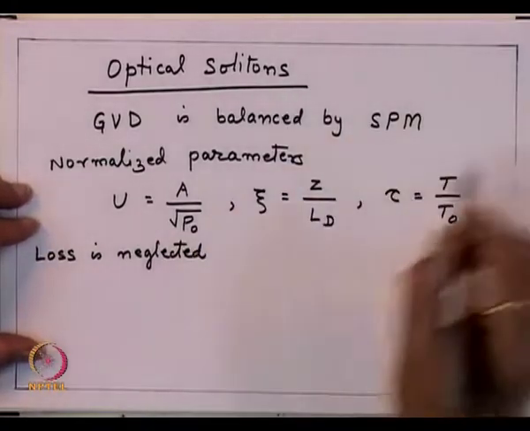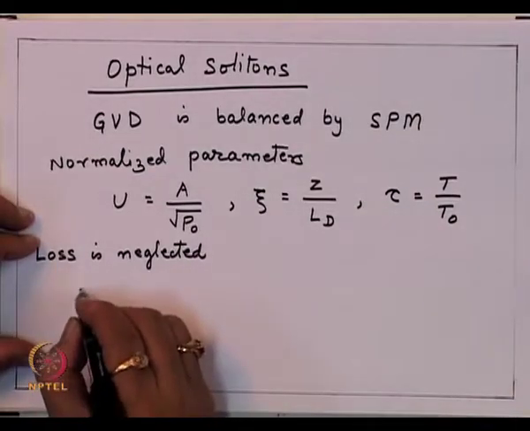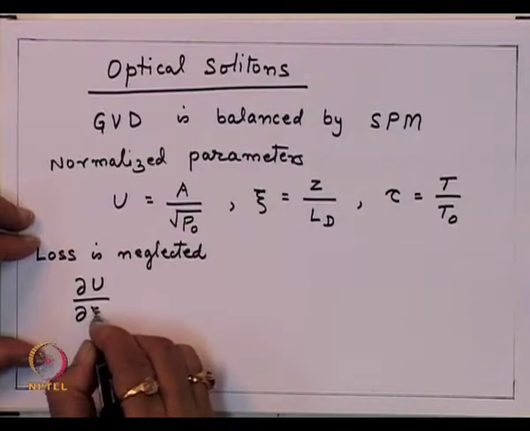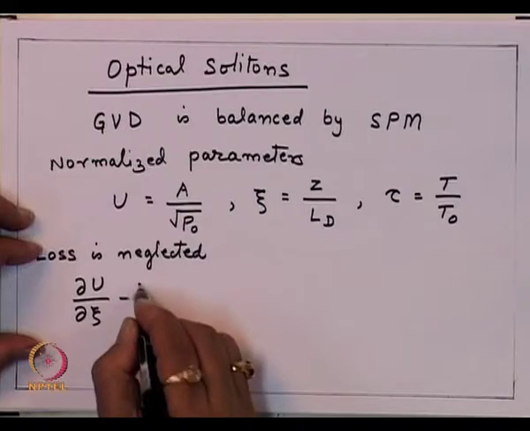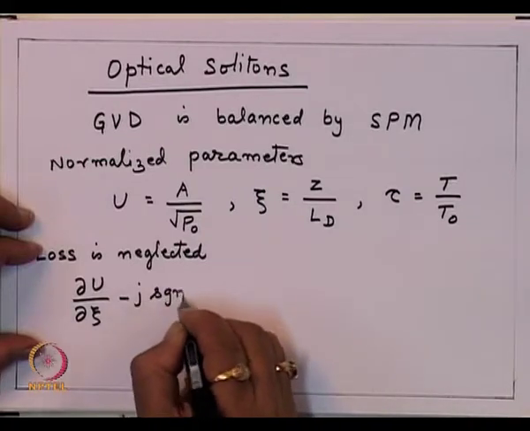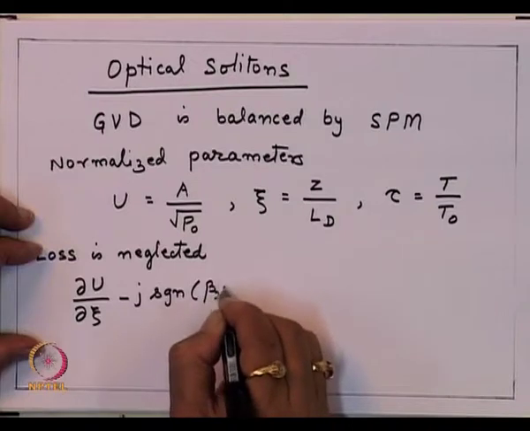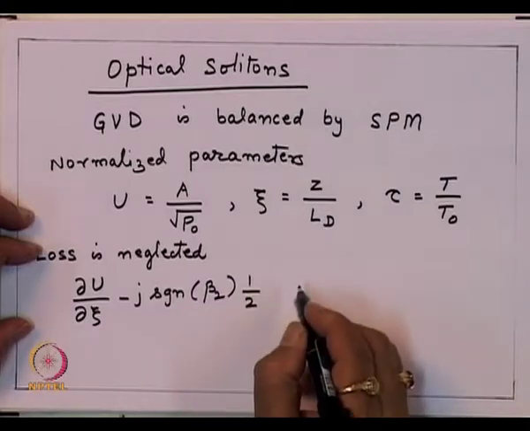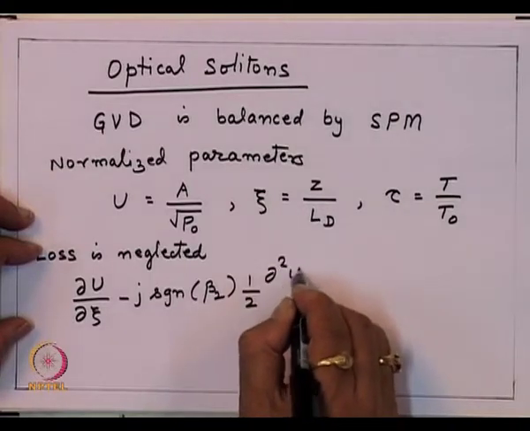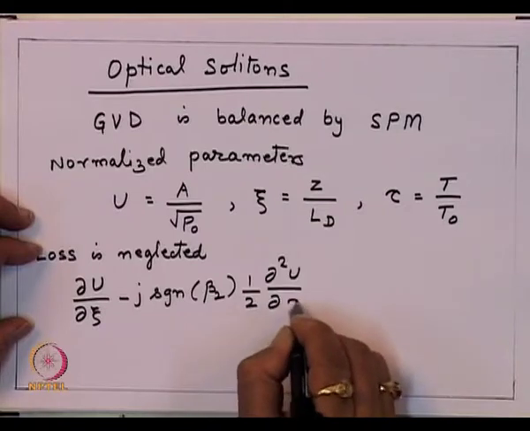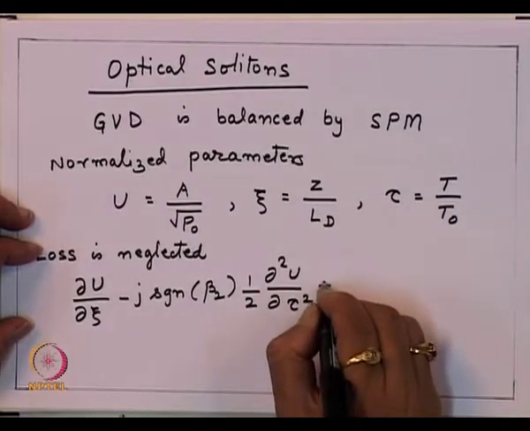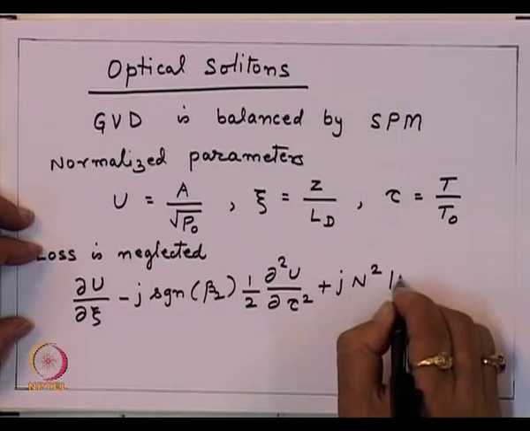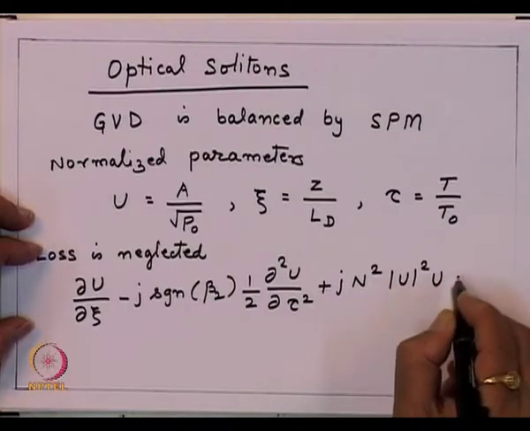Thus, the nonlinear Schrodinger equation which we have seen earlier, that now can be written as du by d zeta minus j sign of beta 2 times 1 upon 2 d2 u by d tau square plus j N square mod u square u, that is equal to 0.